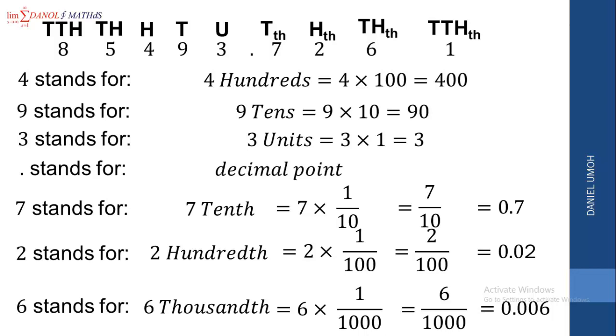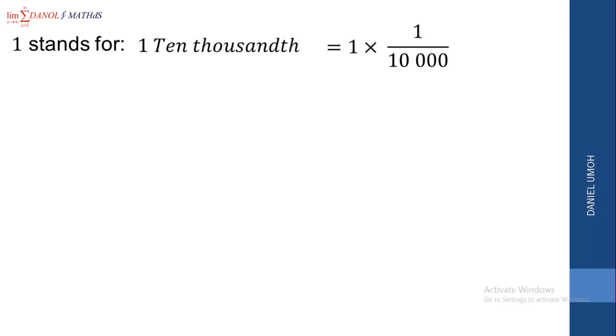The next one there is 1. 1 is under the ten-thousandth position. So 1 stands for 1/10,000, and that gives us 1 times 1 over 10,000, which is 1 over 10,000. That arithmetic will now give us 0.0001.